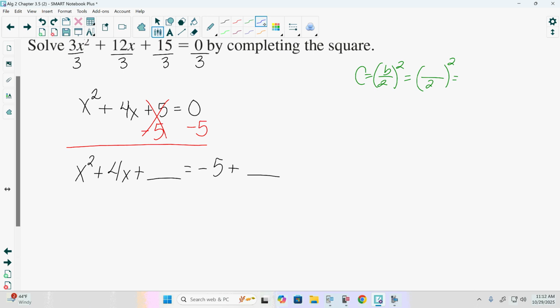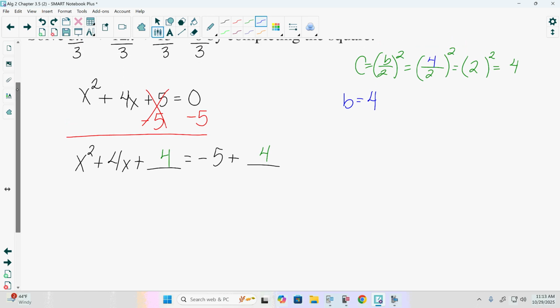And for this here, we need to know the value of b, and the value of b is 4, specifically positive 4. Telling us to find our value of c, we plug 4 in, giving us 4 over 2 squared. 4 divided by 2 is 2, and 2 squared is 4. So we're going to add 4 to both sides, because adding 4 to the right-hand side will give us this perfect square trinomial.